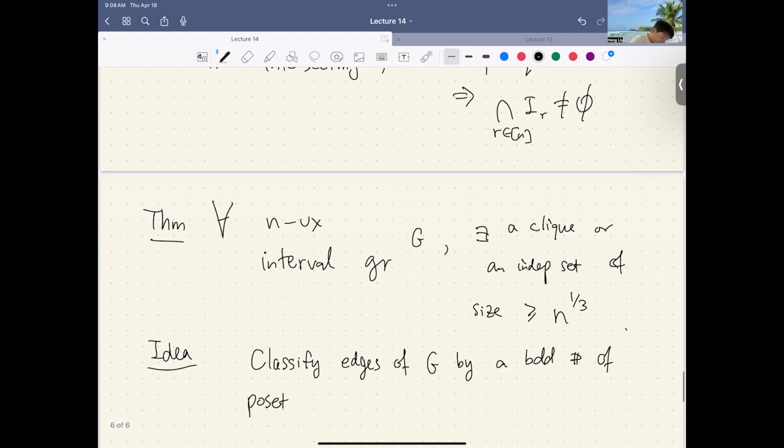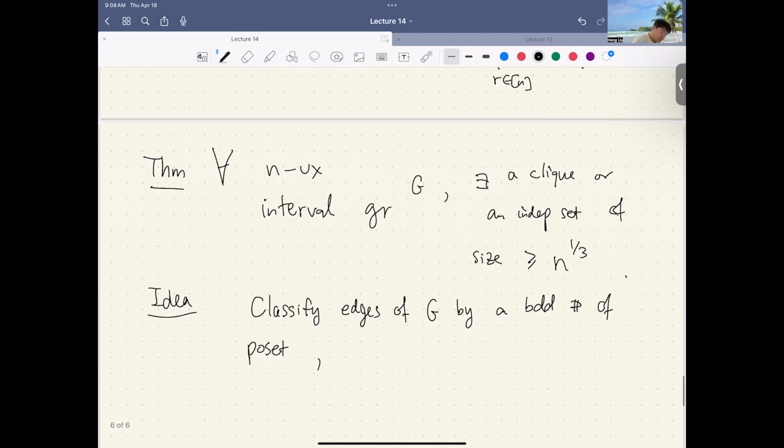And then apply Dilworth repeatedly, iteratively. Okay, let's illustrate this idea.